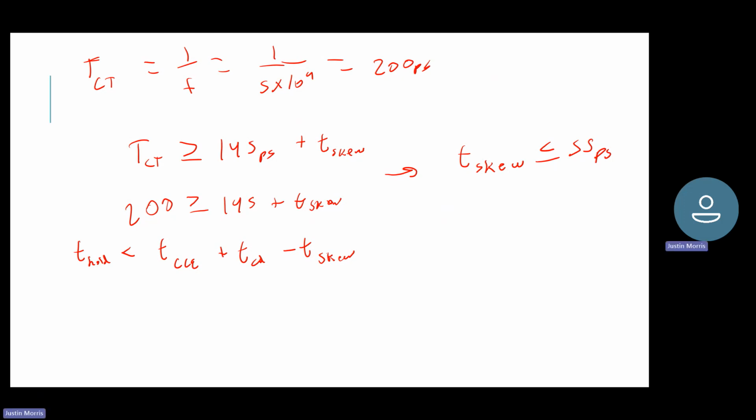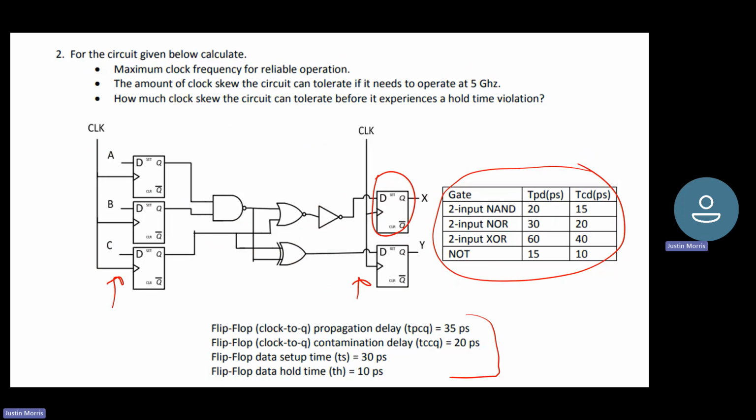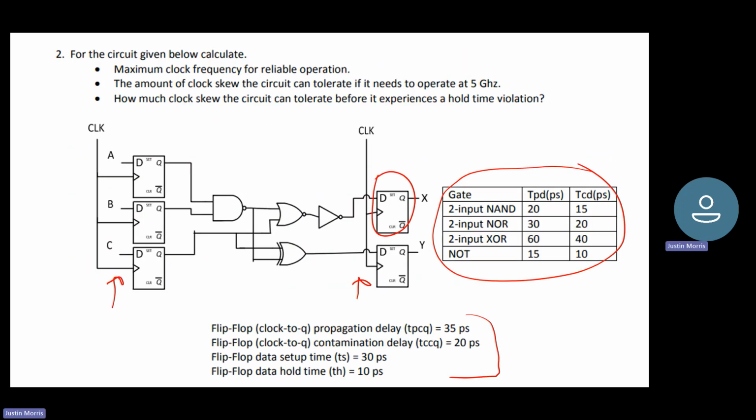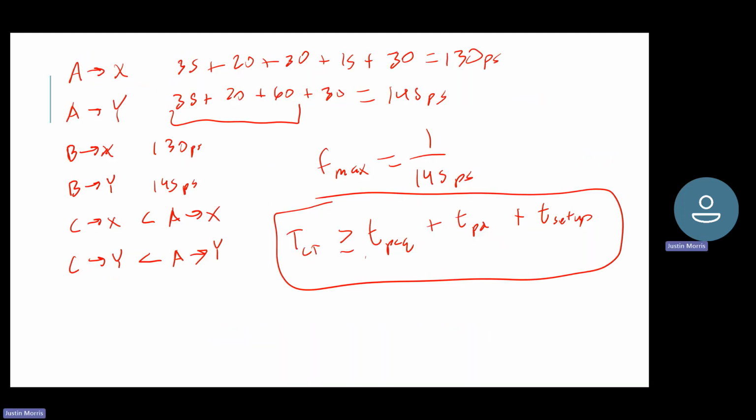So our shortest path, what is our hold time first? Hold time is 10 picoseconds. And then clock to Q contamination is 20.